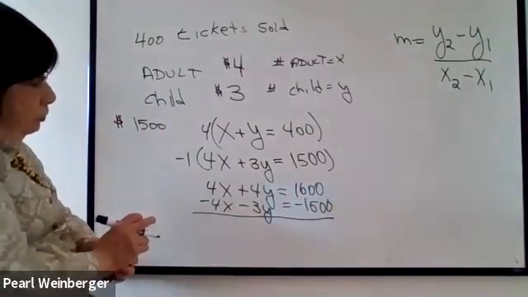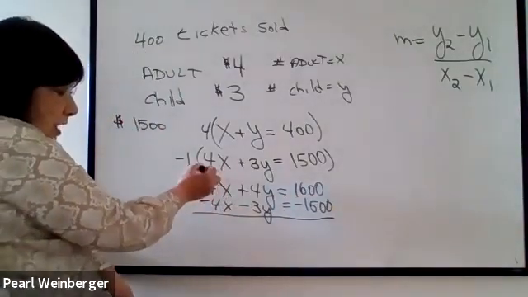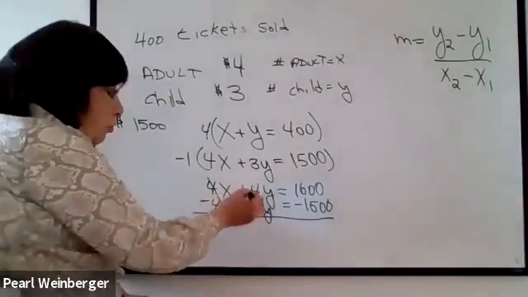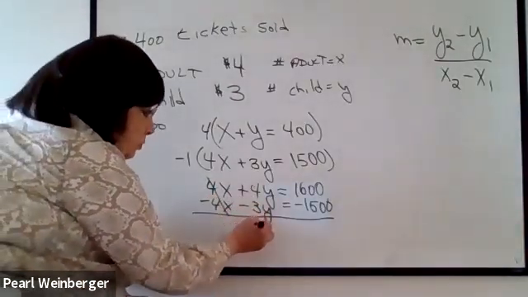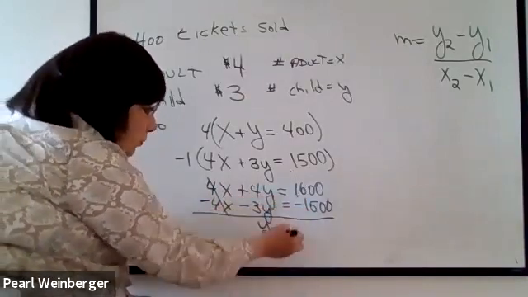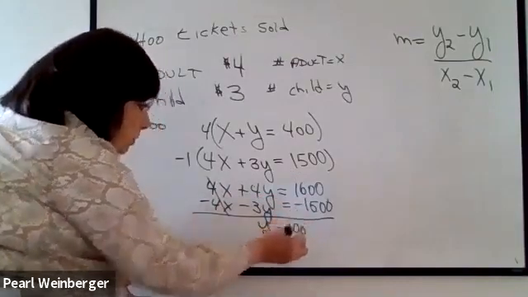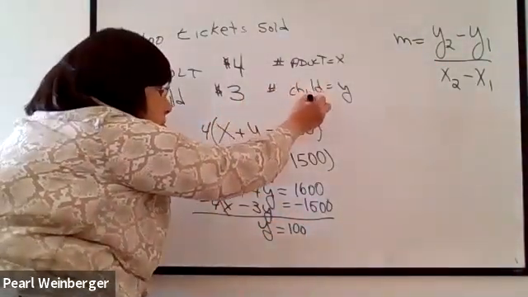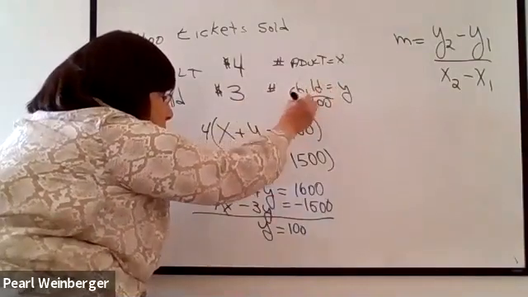And when I add these two equations together, the X's cancel out. That's what we said we wanted to do. The 4Y and the -3Y gives me just plain Y. And the 1,600 minus the 1,500 gives me 100. In other words, my Y, the number of children's tickets sold, is 100.